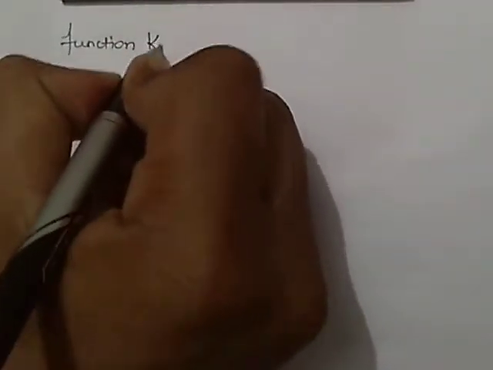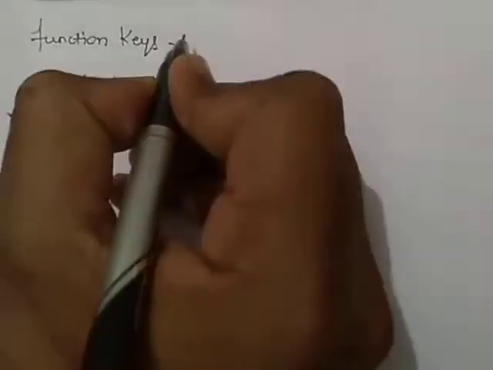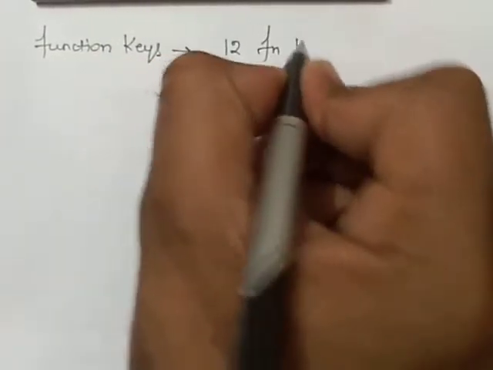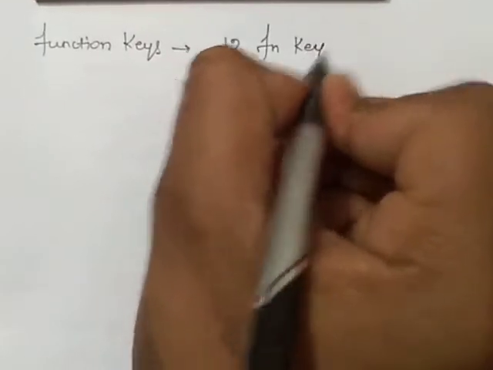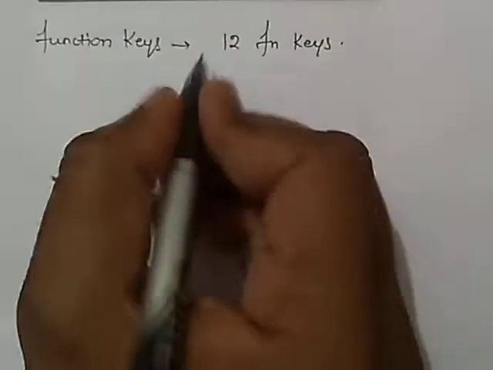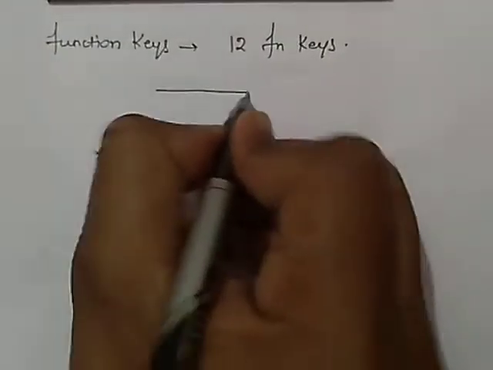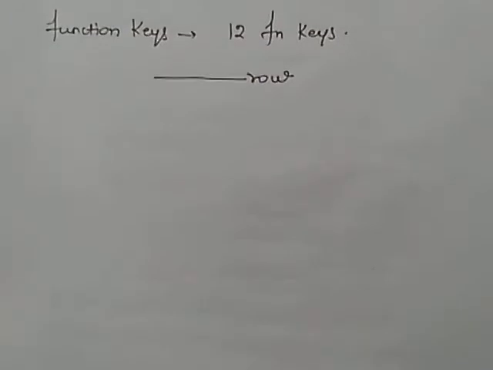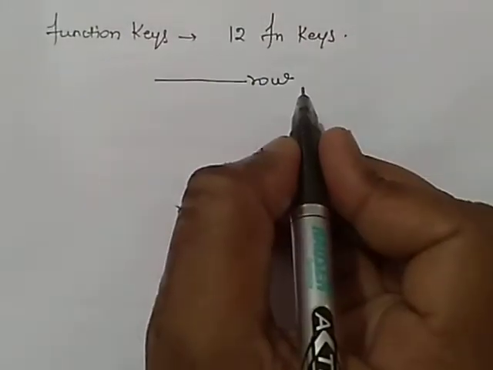Next one is function keys. Now there are 12 function keys. These are arranged in a row along the top of the keyboard.